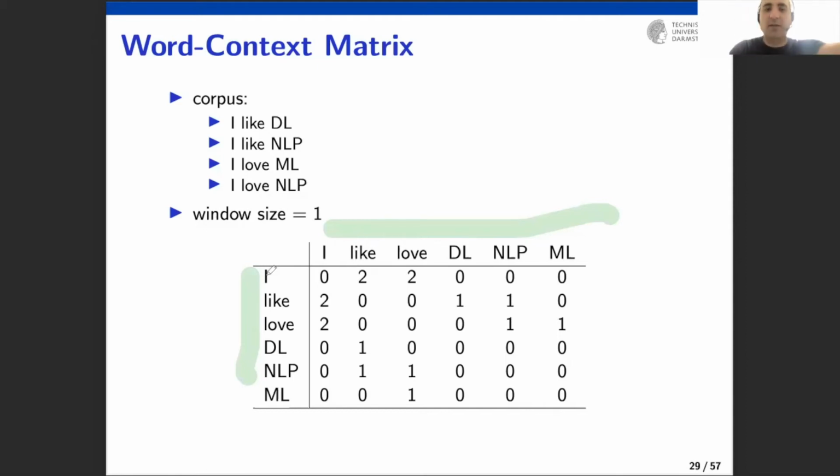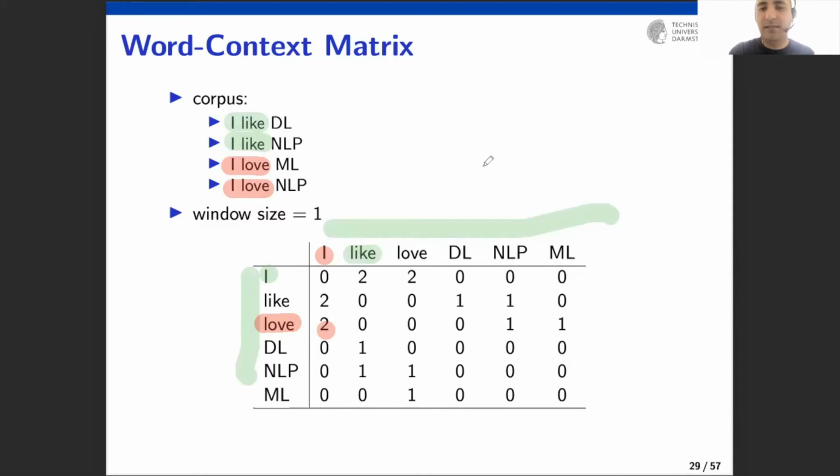For example, we want to see how often the word I occurs next to like, right? So here we have 1, and here we have 2, so we have 2. We have seen like and I twice next to each other. Let's say we want to see how often the word love occurs in the context of I. We see I love and I love, so it happens twice. This is the way that we define the word count matrix.